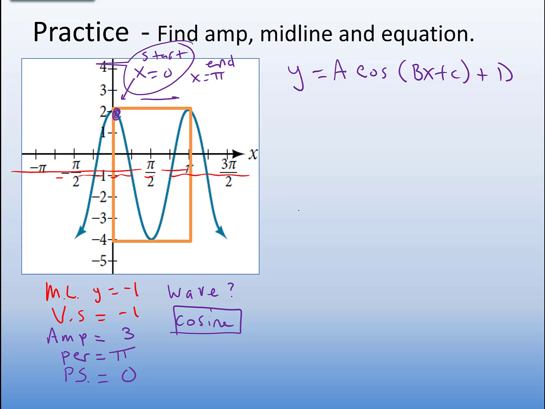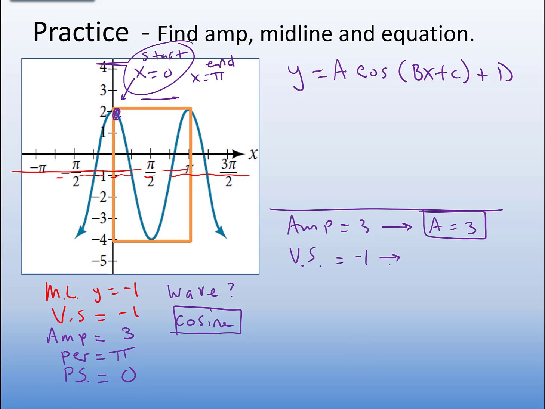Okay, so amplitude equals 3, and so A is pretty straightforward. A is 3. The vertical shift was -1. That's also very straightforward. That's a vertical shift down, so D is -1. So we got 2 of them knocked off really quick.